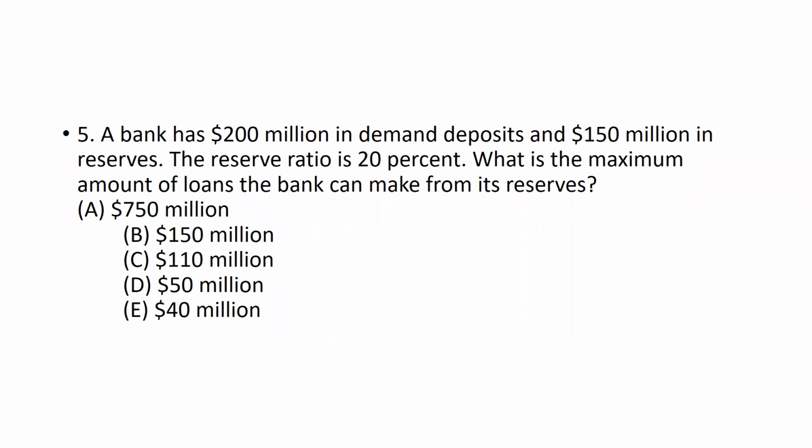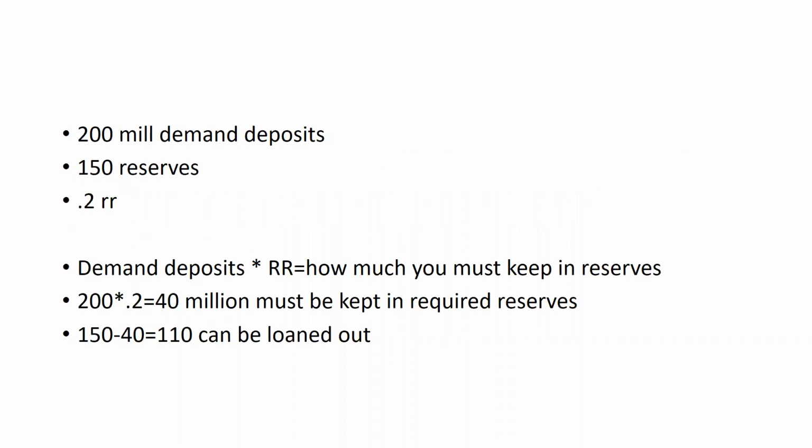So, $200 million in demand deposits, 150 in reserves, 0.2. Demand deposits times the reserve ratio is how much I have to keep in reserves. So 200 million times 0.2 is 40 million that must be kept in reserves.